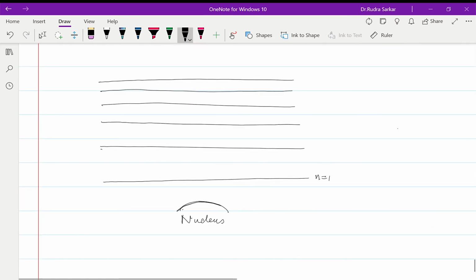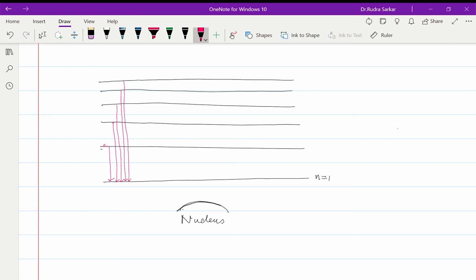Now one can think that these transitions can happen. Suppose your electron got excited here, so it can come from here to here, or from here to here, or from here to here, or from here to here.